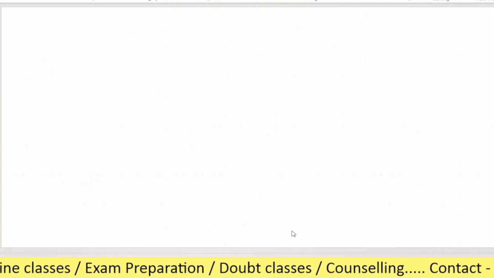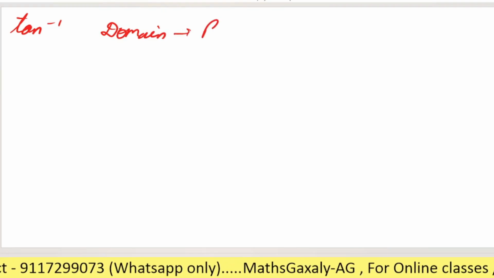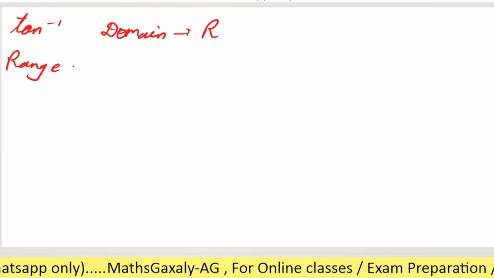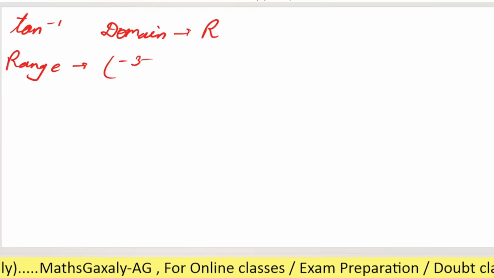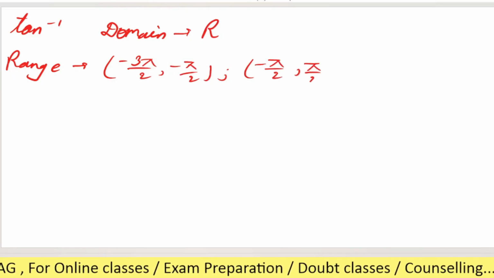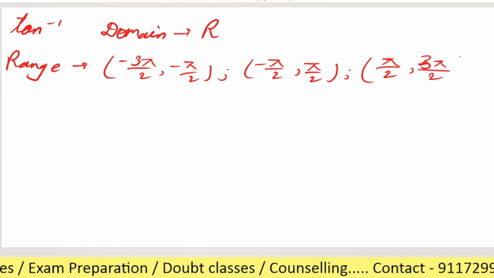So here the domain and range are interchanged. Thus the tan inverse function can be defined as the function whose domain will be R, and the range could be any interval among minus 3 pi by 2 to minus pi by 2, then minus pi by 2 to pi by 2, then pi by 2 to 3 pi by 2, and so on.